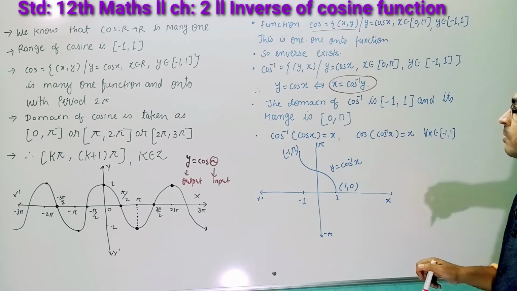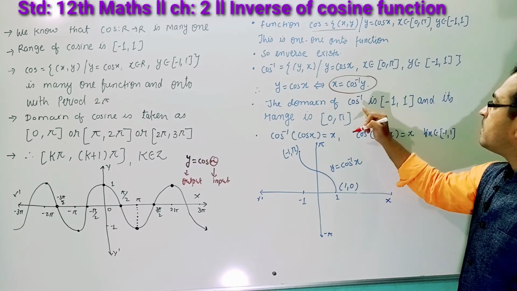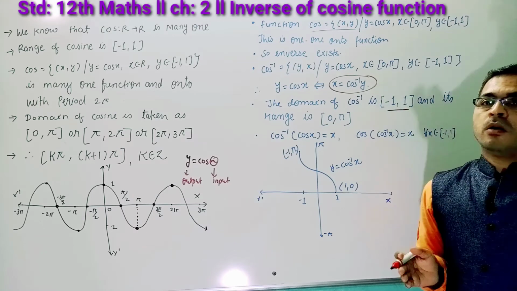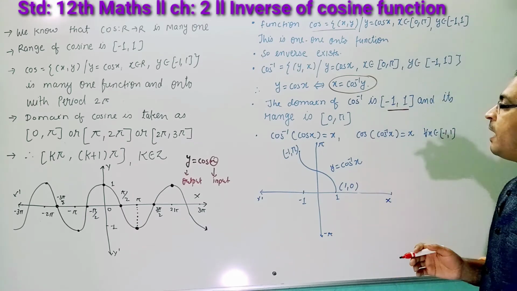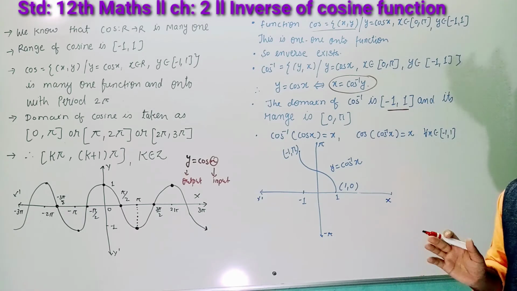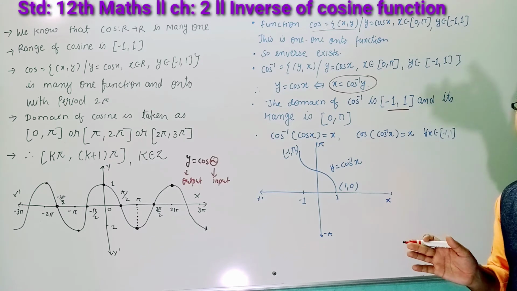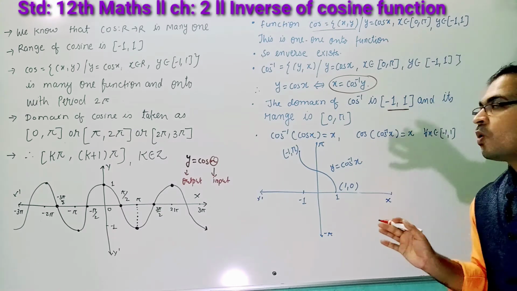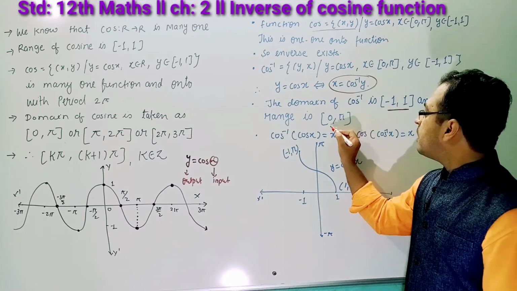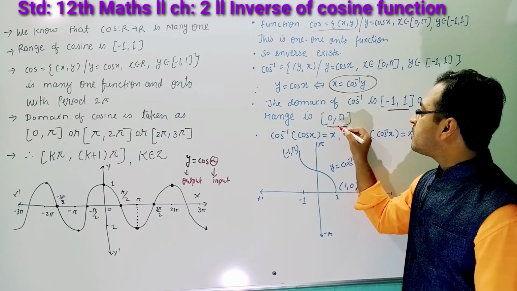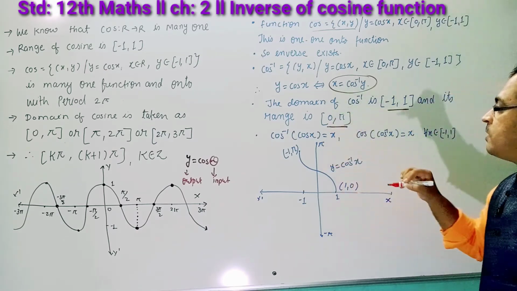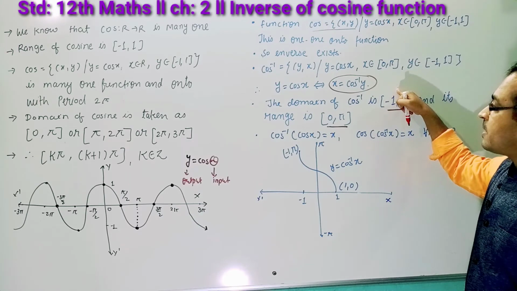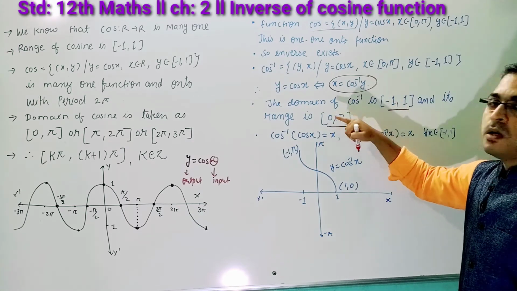So students, according to this, this is the domain. Domain means the component of x elements, and range is the image of the domain in the codomain. So the image is 0 to pi, means this is the second component, the y component. So students, all these things we will substitute on the x-axis and these things on the y-axis.